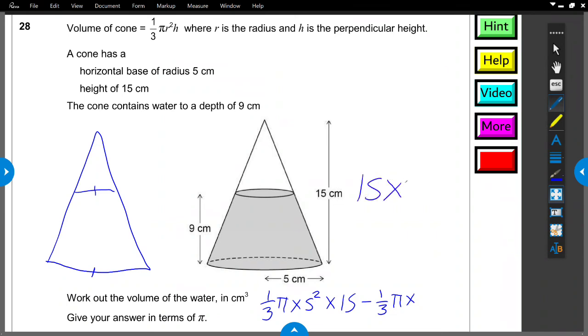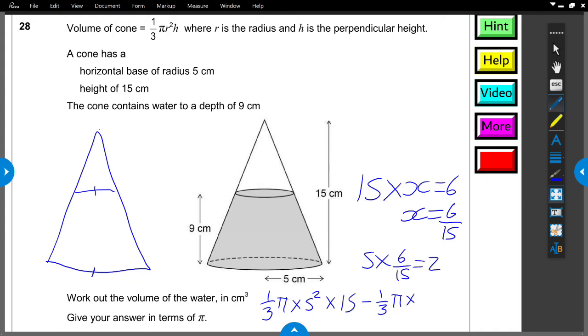So 15 times by the scale factor has given us 6. If we rearrange this, we get that x is equal to 6 over 15, and that's our scale factor. So if we were to times 5 by 6 over 15, then 6 times 5, that's 30 divided by 15, we get 2. Our radius is 2.